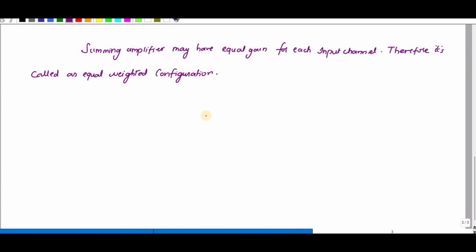Let us discuss one problem on summing amplifiers.